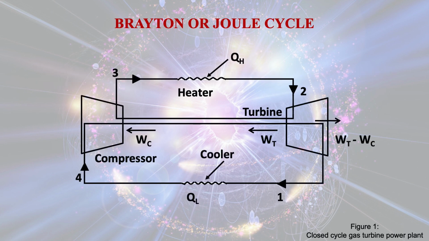So, this is the schematic of the closed cycle gas turbine power plant. Here you see there are 4 important components: one is compressor, another one is heater, third one is turbine, and the fourth one is the cooler.